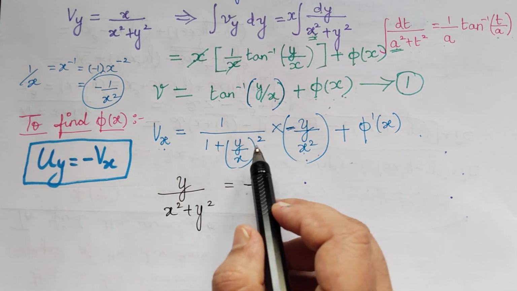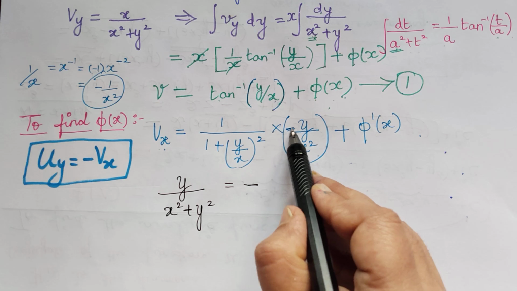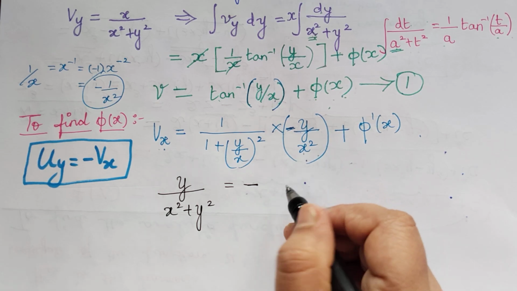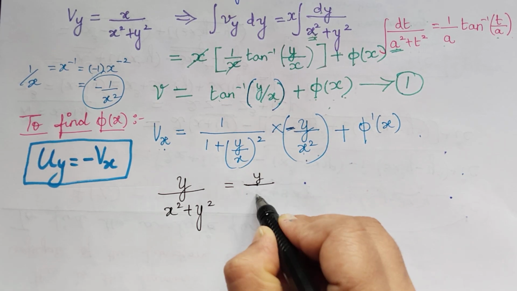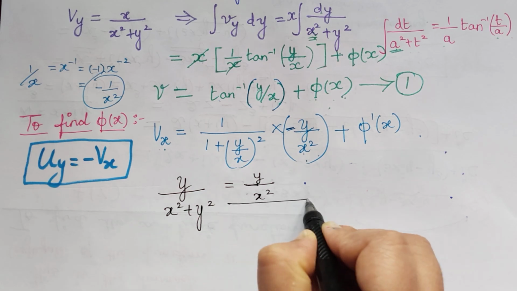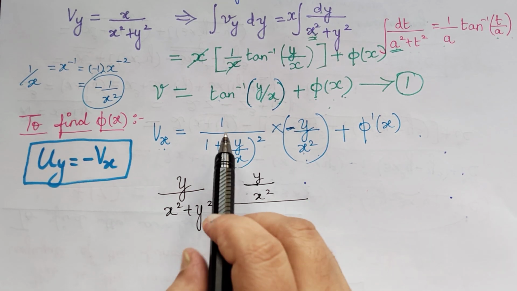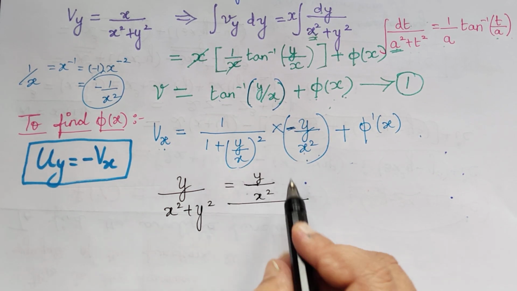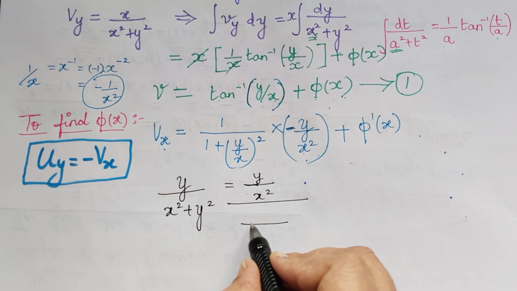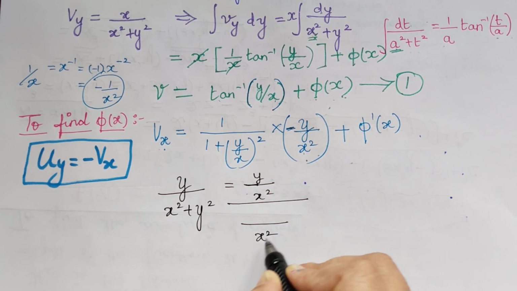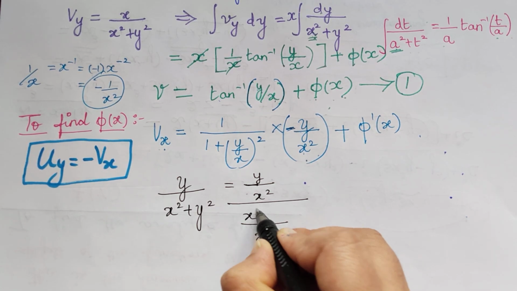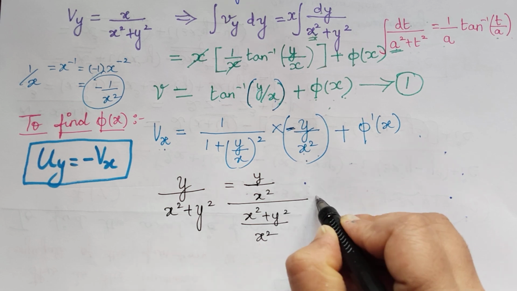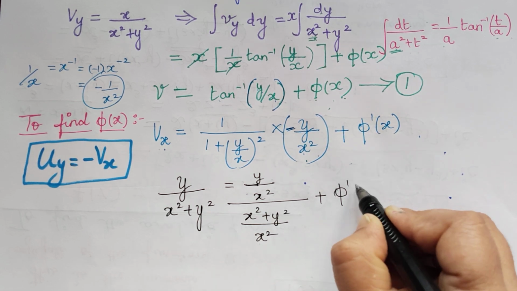So when we substitute, this minus into minus will become plus. So it will be y by x square the whole divided by, in the denominator, 1 plus y by x square, which can be written with LCM x square as x square plus y square, plus phi dash of x.